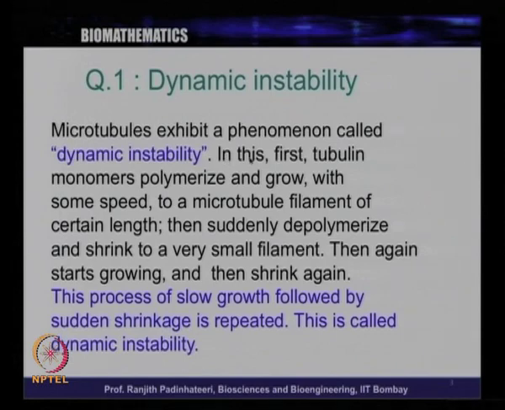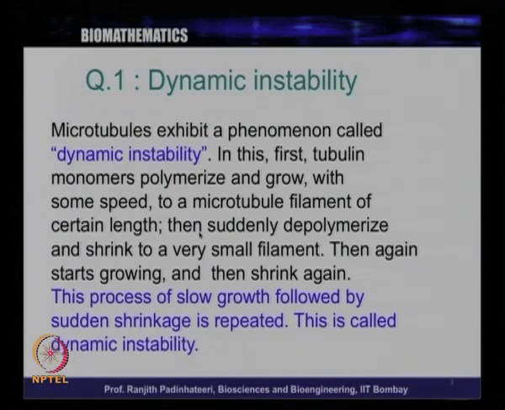In this phenomenon, first tubulin monomers polymerize and grow with some speed to a microtubule filament of certain length. So, first what happens is tubulin monomers polymerize and grow to a polymer, and the polymer will have a certain length.